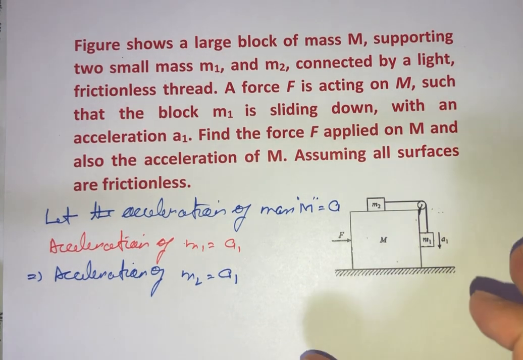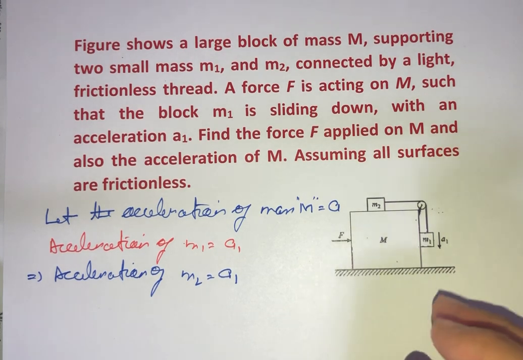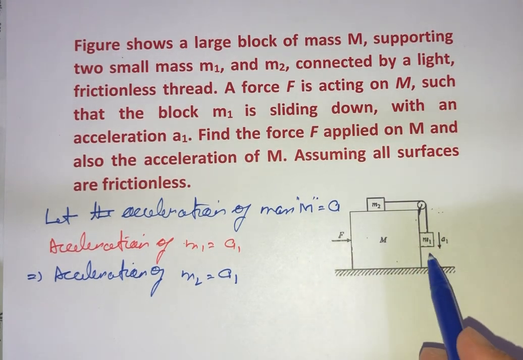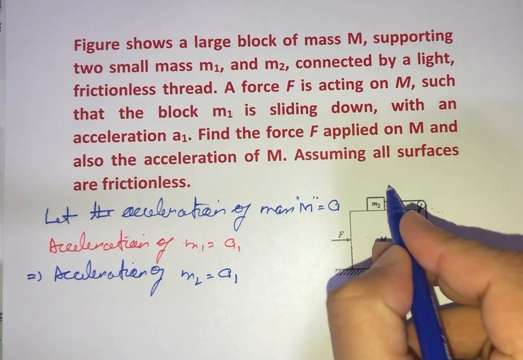Now let's draw the various forces which will be interacting with this entire system. So m2 will also be moving with the acceleration of a1.